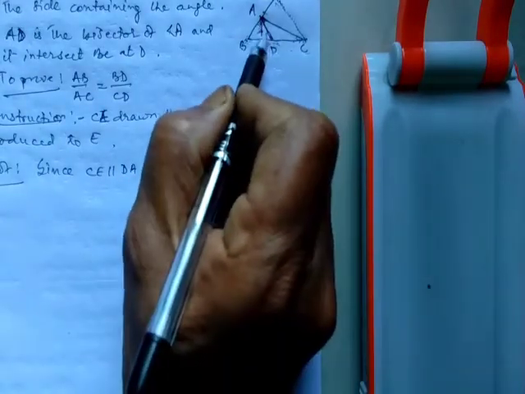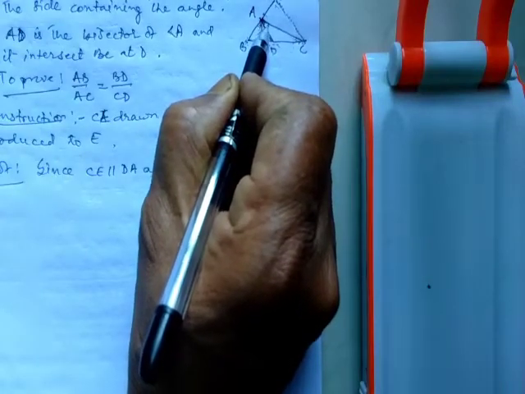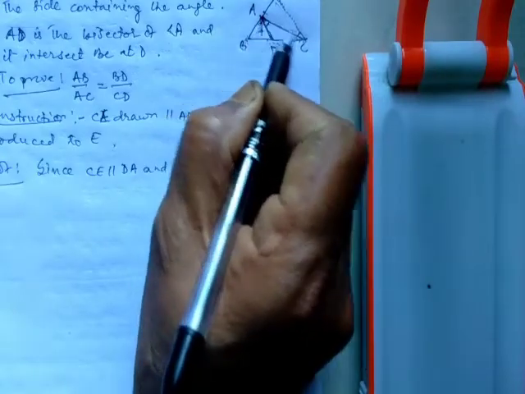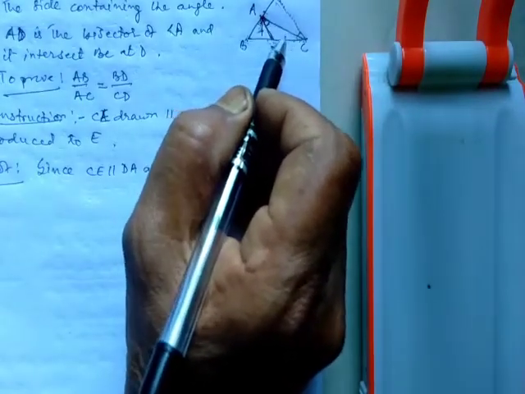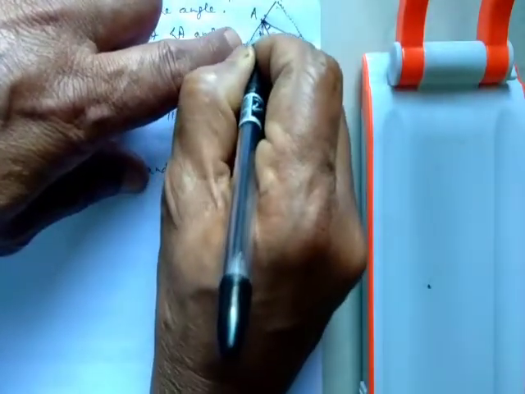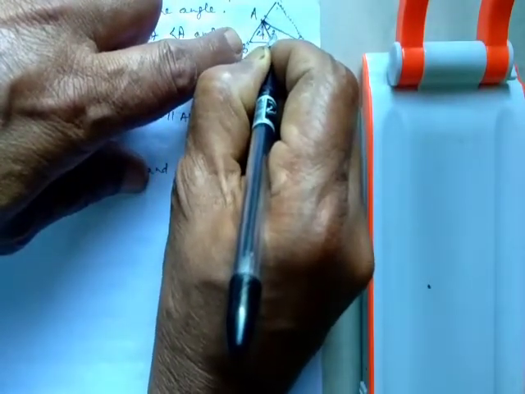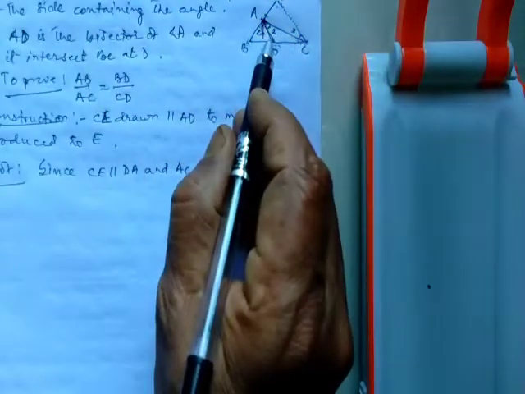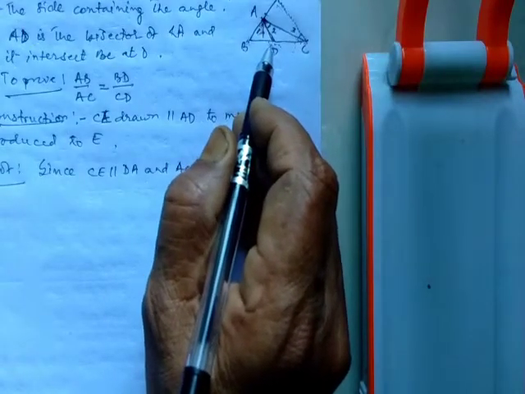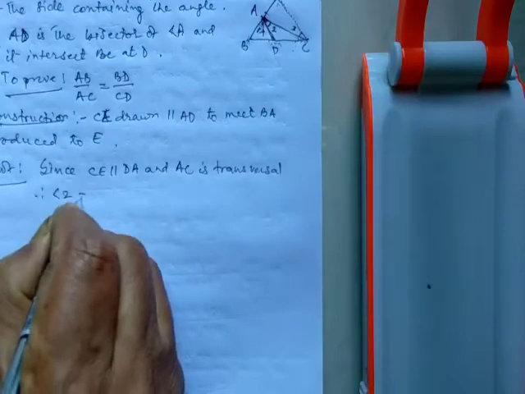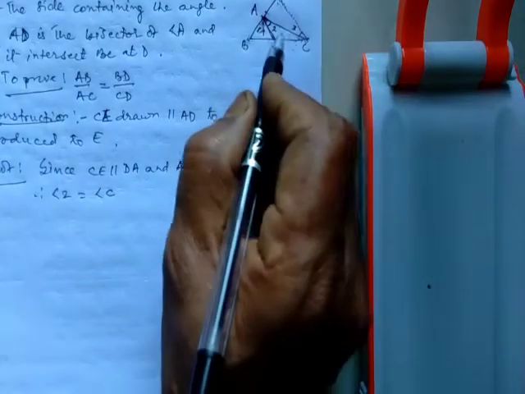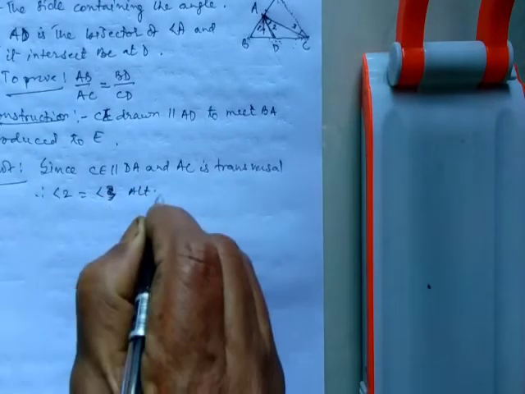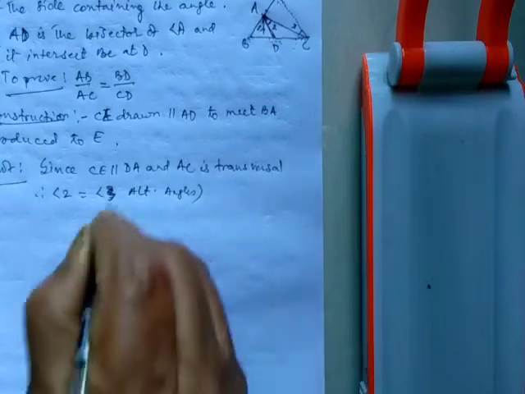Then I can say these two angles are equal, alternate angles. I am just naming it. This angle I am naming as 1, this as 2, and this angle as 3. So angle 2 is equal to angle 3. Why? Angles 2 and 3 are alternate angles.